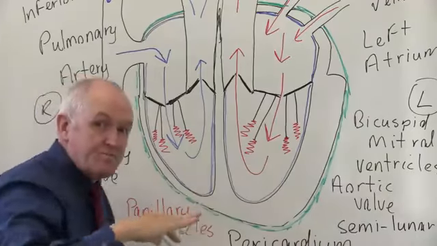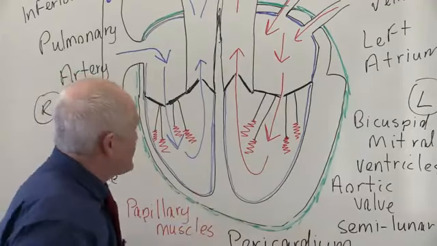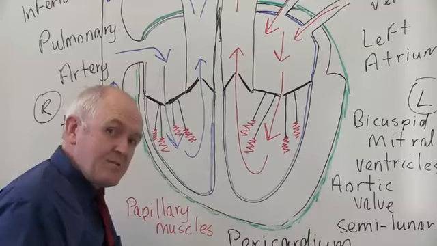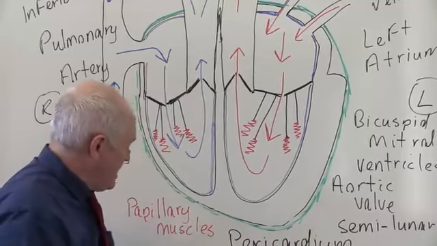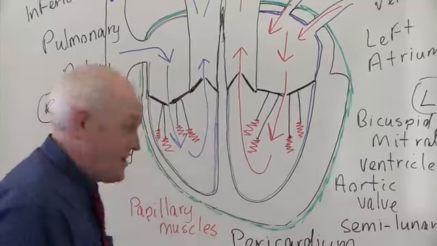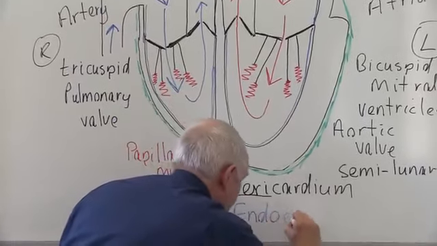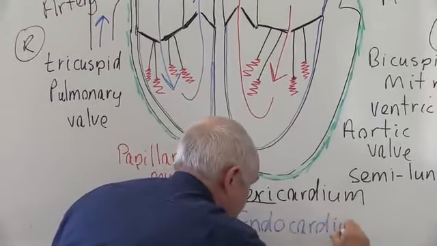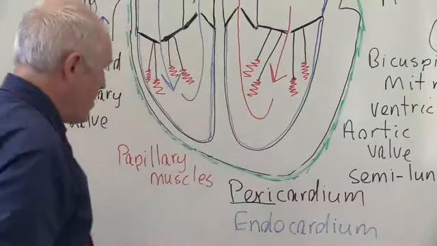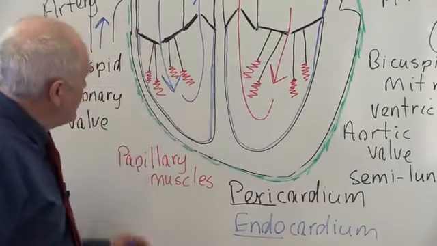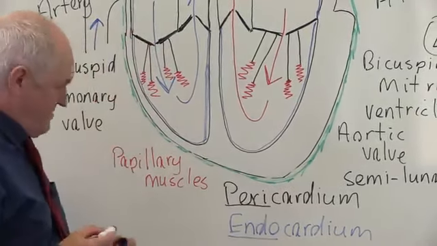So it's a nice smooth surface of squamous vascular endothelial cells. And this is called the endocardium. Endo means in. The endocardium is this inner layer of the heart.